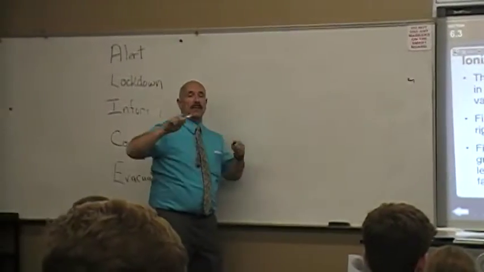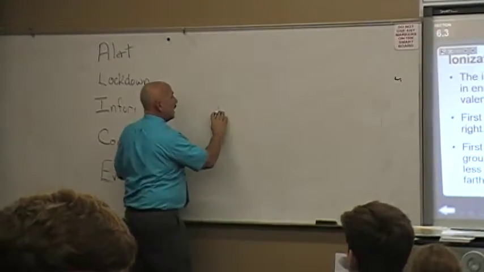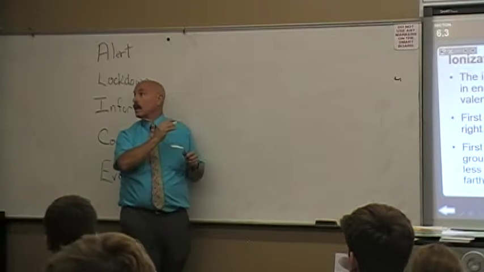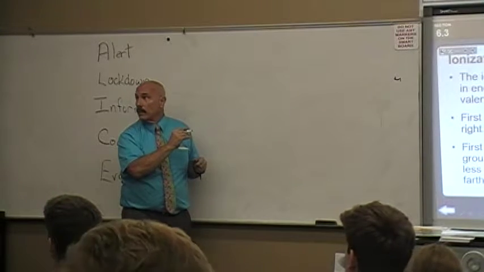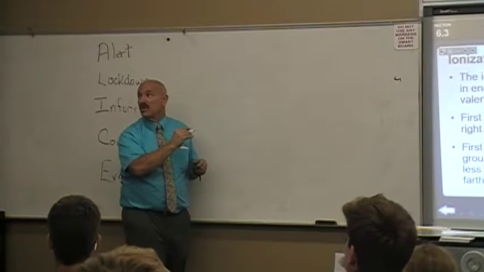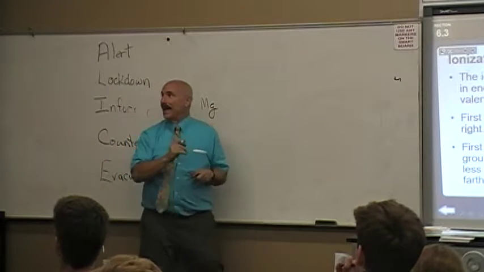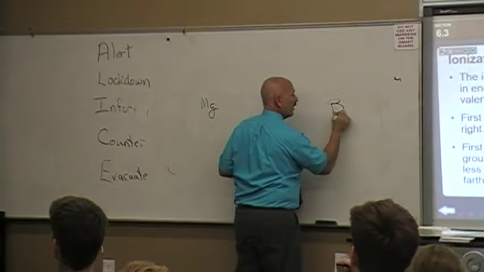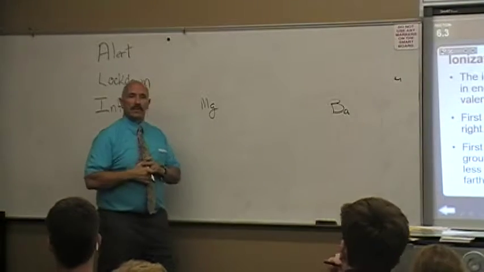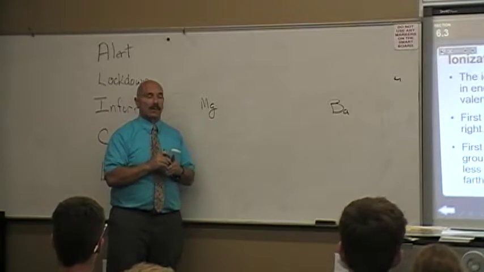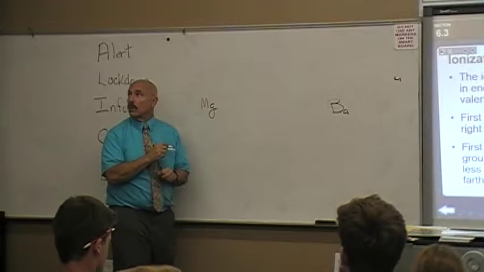Okay, let's pick two elements in the same group. Magnesium and barium, okay? Both of these have 2 electrons in their outer shell. Magnesium, total number of 12.